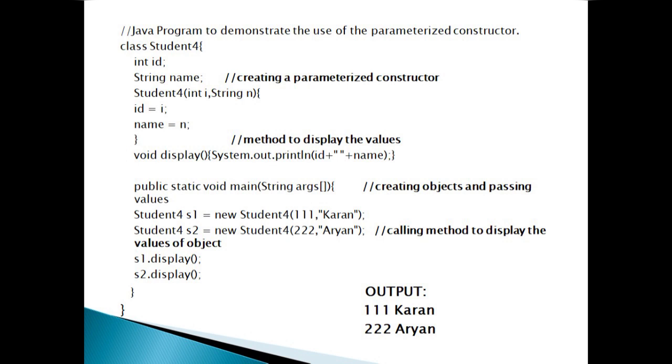Then we move on to the main function, and two objects called s1 and s2 are created, and we pass values to these objects. Thirdly, we are calling the method display using the objects s1 and s2, and that way the output is printed as we see here.